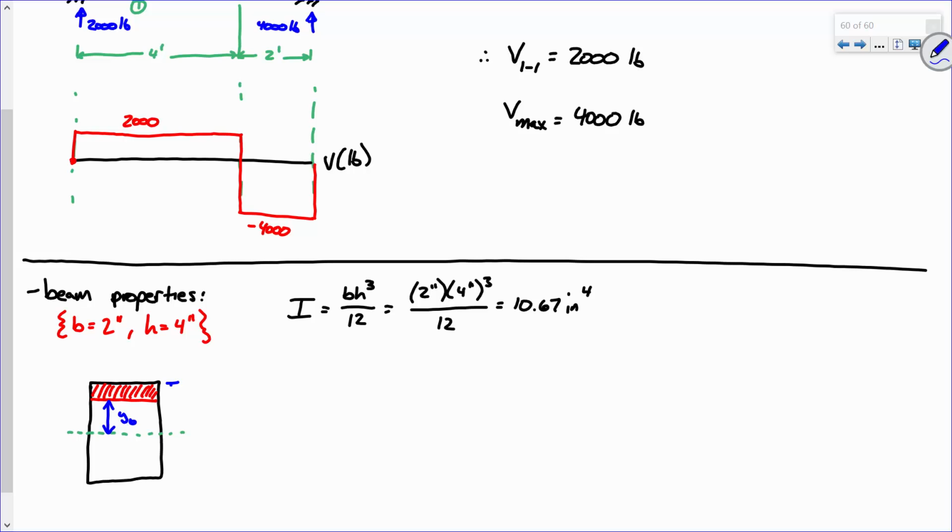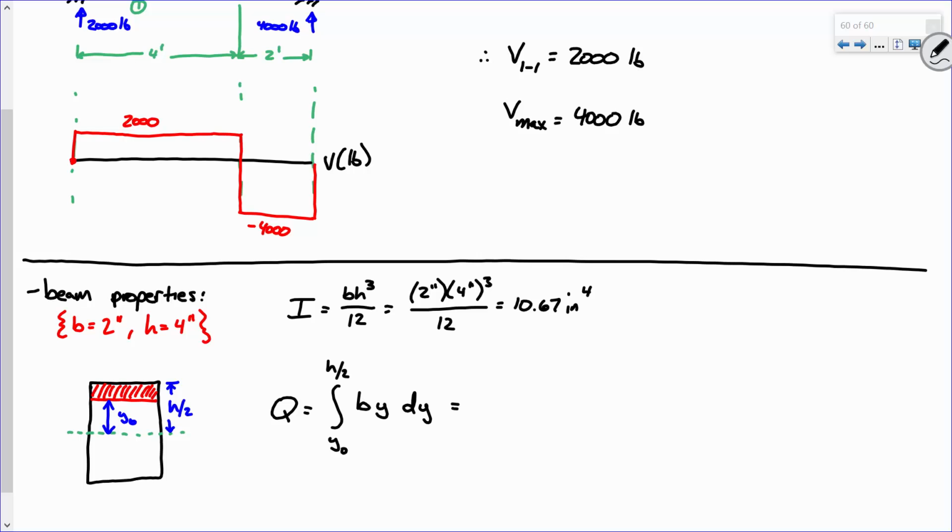That dimension is h over 2. And I propose that Q is the integral of y naught to h over 2 of b y dy. That just comes straight from our derivation, right? Plug and chug. Sound good? Everybody clear where I got that?